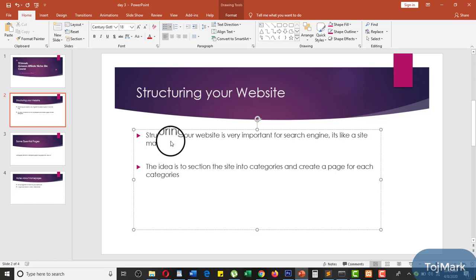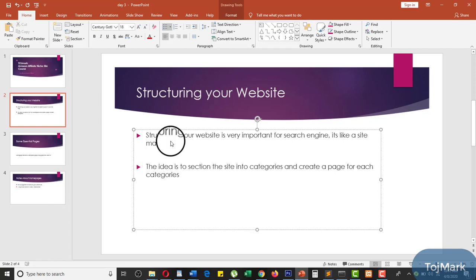No, you have to structure your website in a professional way, so the Google bot will be able to recognize what your website is all about, and even when you get a visitor to your website, they will be able to understand what your website is all about. So that's all about structuring your website.